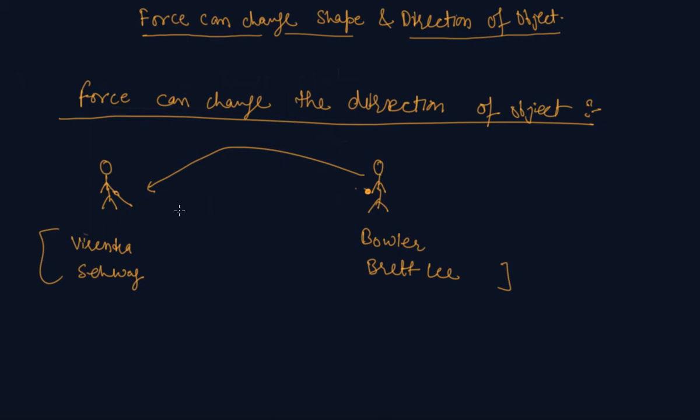When Sehwag plays a shot, and the ball goes in some other direction for a six, earlier the ball was going in a straight direction towards Sehwag, and now it is going, let's say, in the leg direction. So here you can see that the direction of the ball changes when Sehwag applies a certain force to the ball.